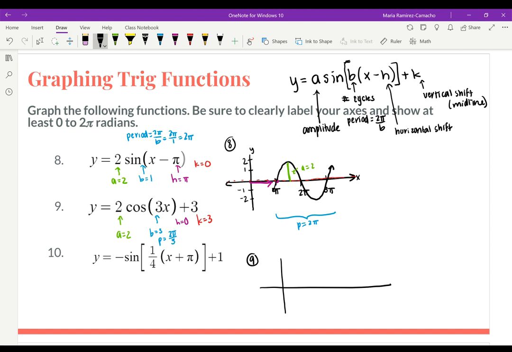Okay, so again, we're asked to scale out to at least 2 pi radians, so we can do pi over 3, 2 pi over 3, 3 pi over 3, which is just pi, 4 pi over 3, 5 pi over 3, and 6 pi over 3, which is 2 pi.